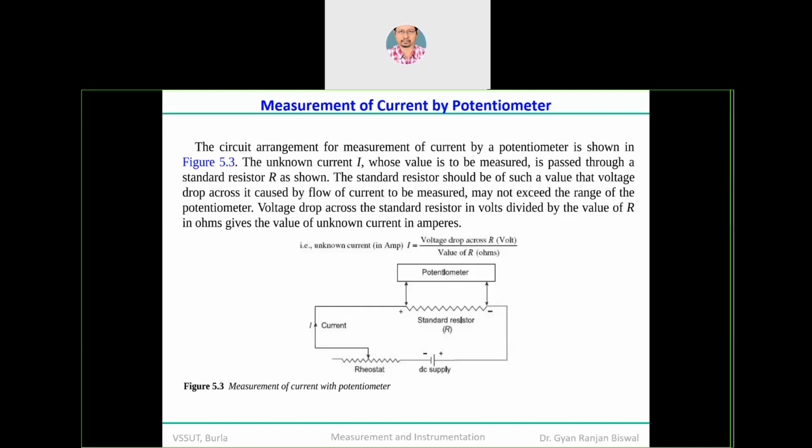Because across the standard resistance, your purpose is to measure the current which is flowing through this potentiometer coil. So what do you need? Voltage drop across the resistance, and the value of R. Remember, the value of R is already known to you across the standard resistance. The voltage drop across the resistance can be calculated.